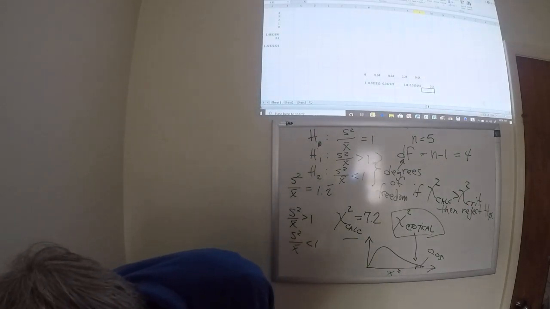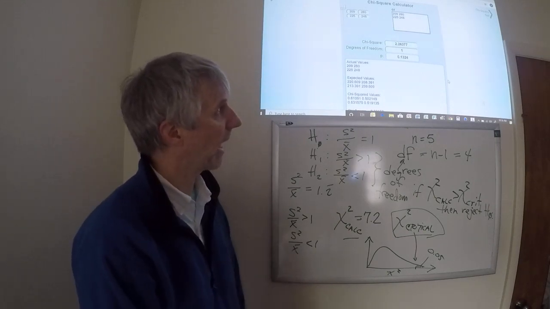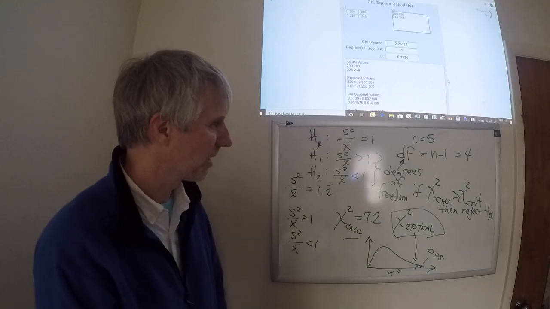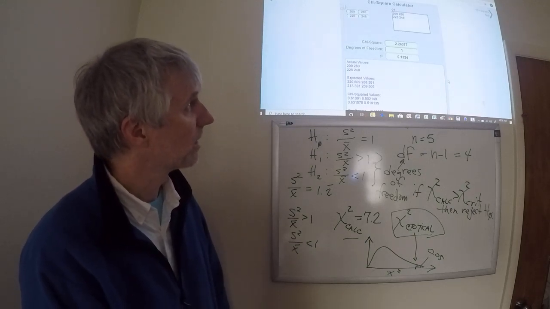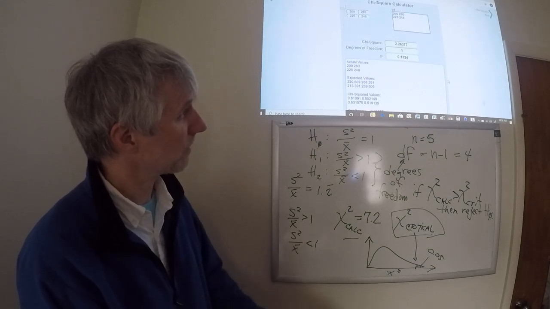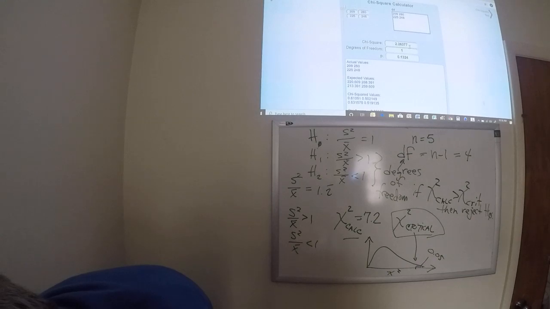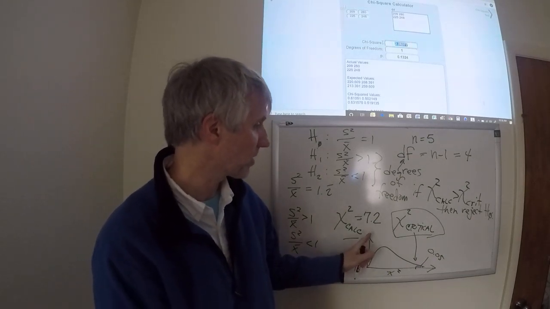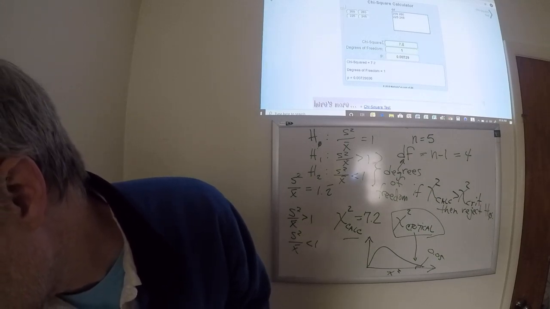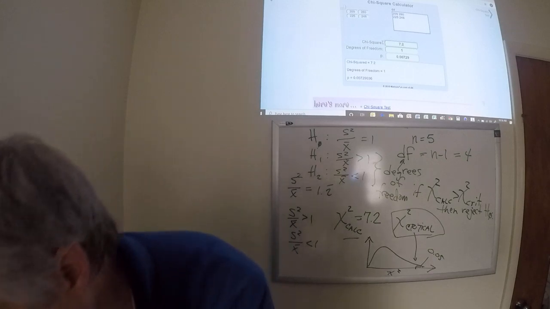But in the modern age, computers can very quickly calculate these distributions. So what we're going to do is take our chi-square calculated, which was 7.2, and the degrees of freedom that we have, which are 4.